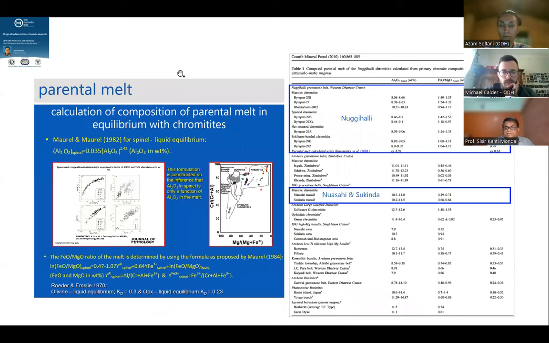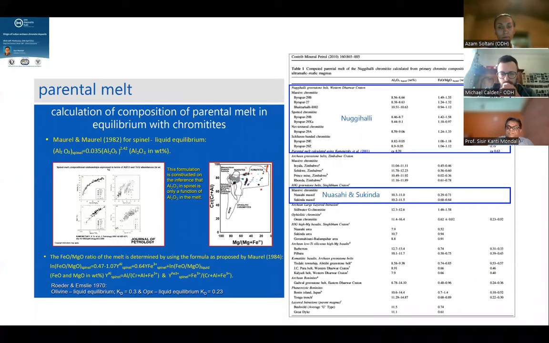So we have some mechanisms to calculate the parental melt because we are talking about cumulate rocks. For the cumulate rocks from the Bushveld complex, we can understand their evolutionary path by means of field studies and other mechanisms, because those rocks are not altered, and so we have primary minerals over there. The main problem with these Archean ancient deposits is that there is very little scope to analyze the host rock.